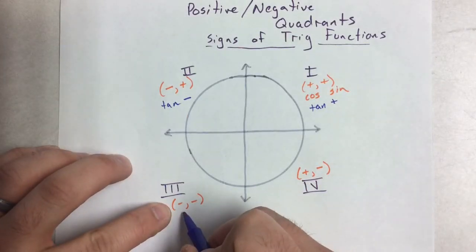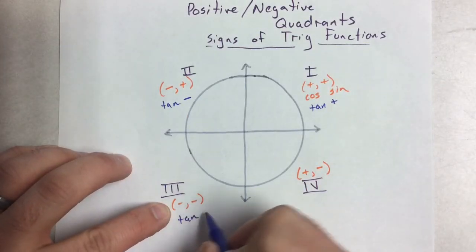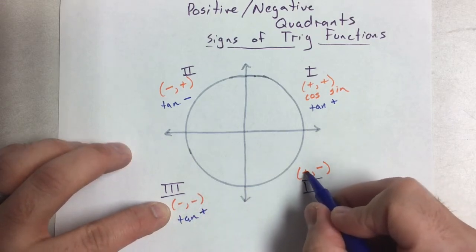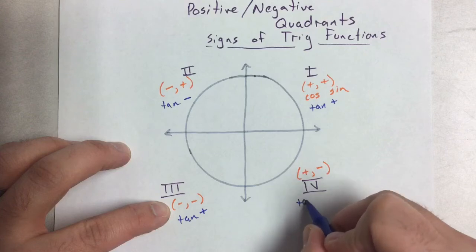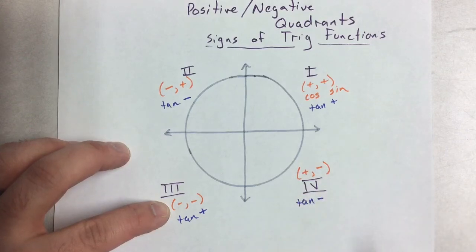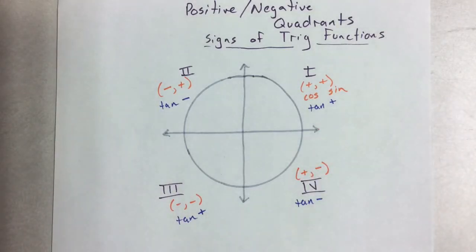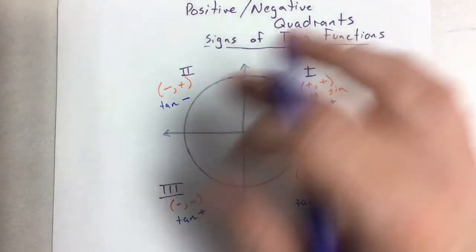And when they're both negative, tangent will be positive. And if we have positive and negative, tangent will be negative. Okay, so looking at this, what I'm about to show you is a way to remember which trig ratios are positive in the quadrants.